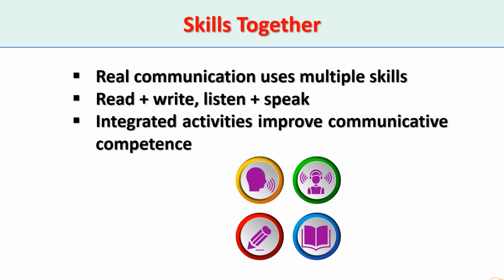See, this includes all the 4 skills together, because they listen to you, and then they think about it. To think about it, you have to read from some sources, and then they write down, and then they speak out. This is the way you teach integrated skills and the 4 skills together.